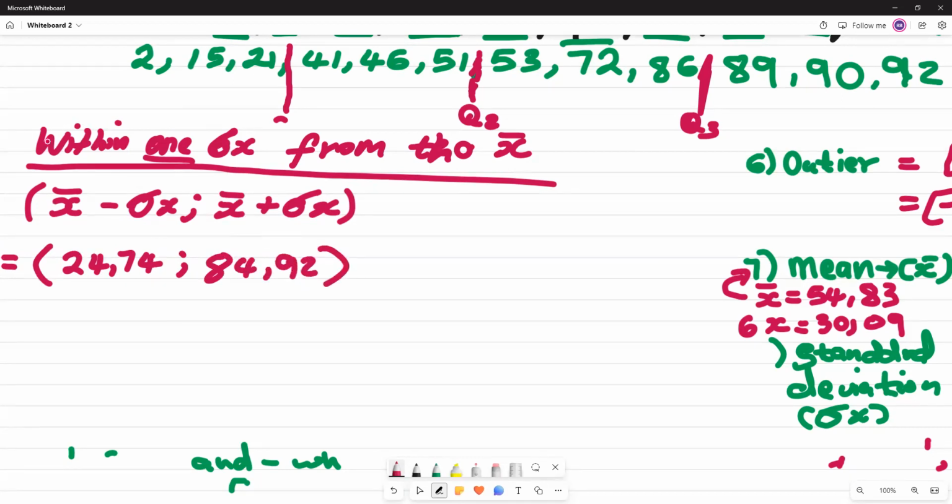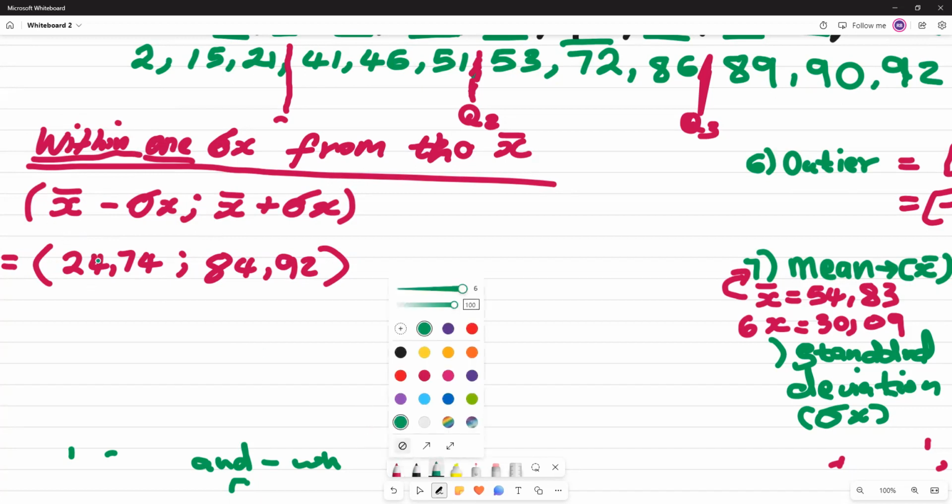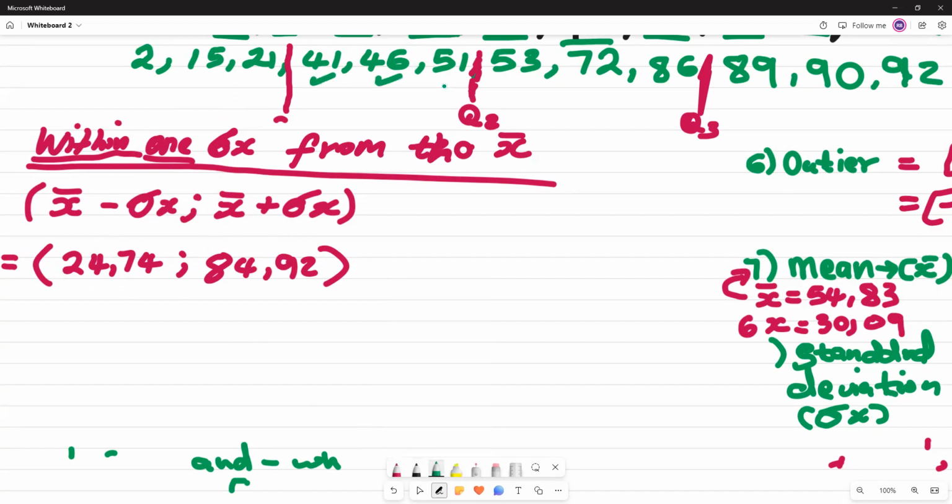And then they said within. So we're looking for all the data set that falls inside here, in between 24.74 and 84.92, which is basically 1, 2, 3, 4, 5. 86 is outside. So therefore, 5 learners fall within. Do you get it? 5 learners fall within.